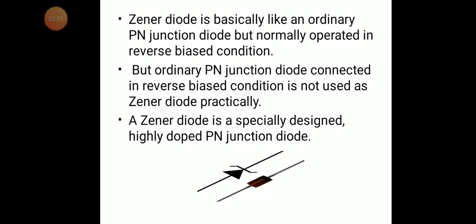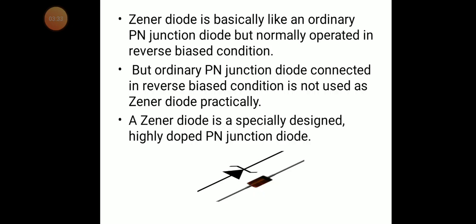Coming to the reverse bias, if we apply the reverse bias to the PN junction diode, it acts as an open circuit. No current will flow through the device when it is connected in the reverse bias. That's why the PN junction diode is called a unidirectional device. That is, current flows in only one direction. If the current flow direction changes, the diode becomes reverse biased.